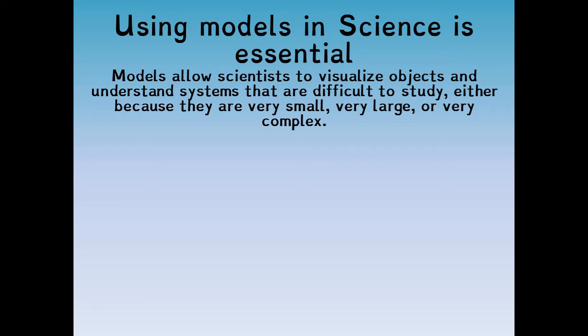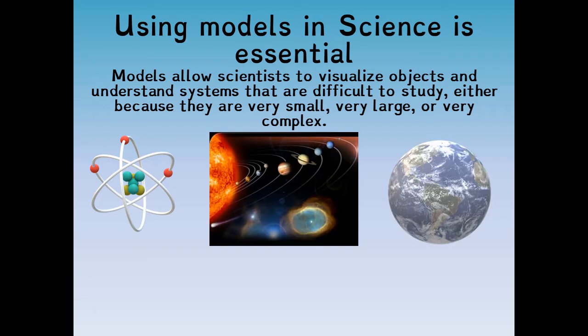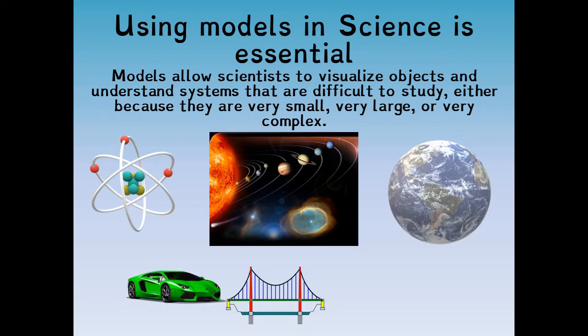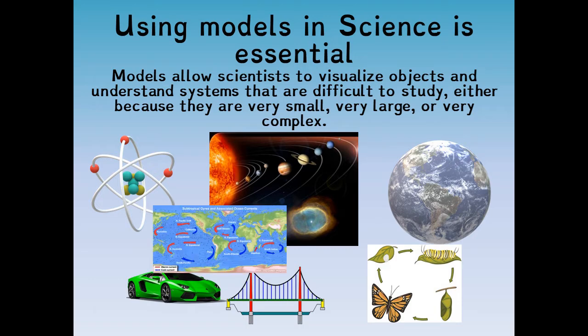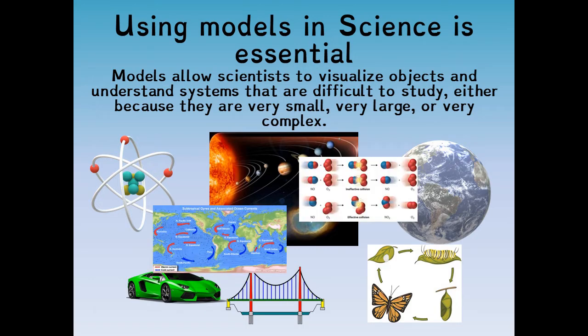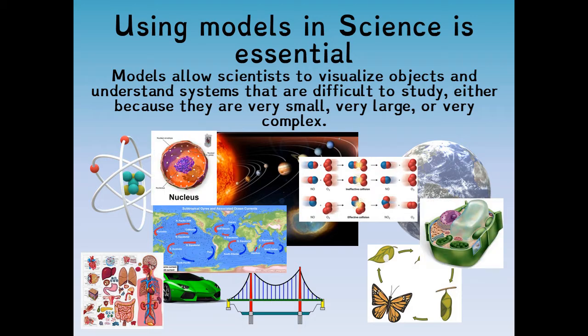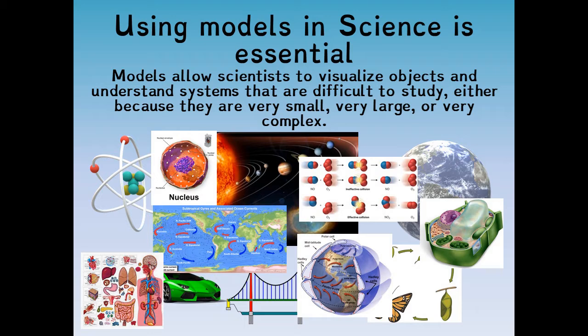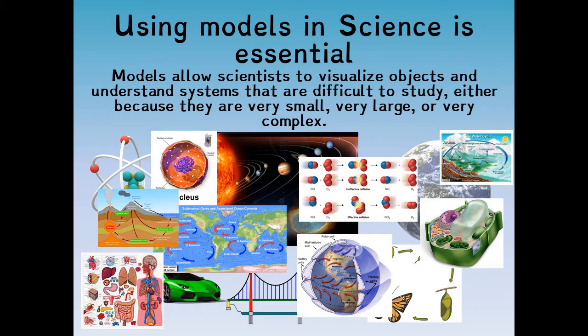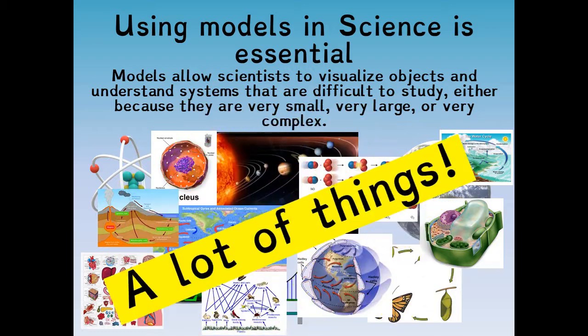We're talking about things like the atom, like the solar system, like the earth, maybe a car, a bridge, the life cycle of the butterfly, ocean currents, chemical reactions, the human body systems, plant cells, organelles, wind belts, volcanoes, the water cycle, food webs. There are a lot of things that we use models for in science.